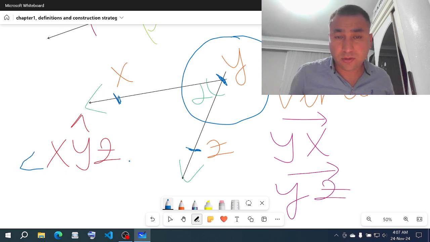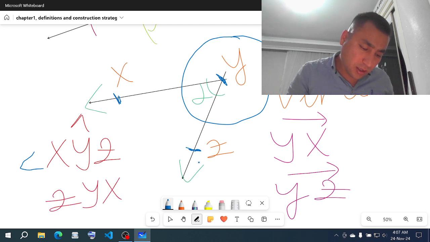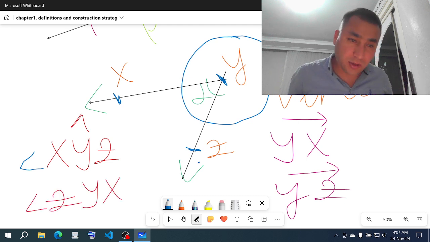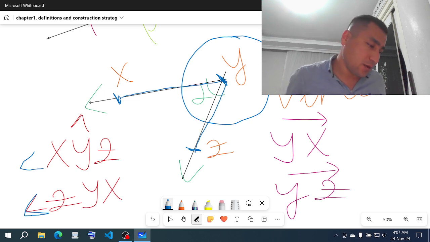This is also showing the angle, starting from X, going to Y, Z. Or you can do the vice versa. You can start from Z, then go to Y, and then X. Okay, Z, Y, X. So you need to start from one place, go to the vertex, and go to the other side.